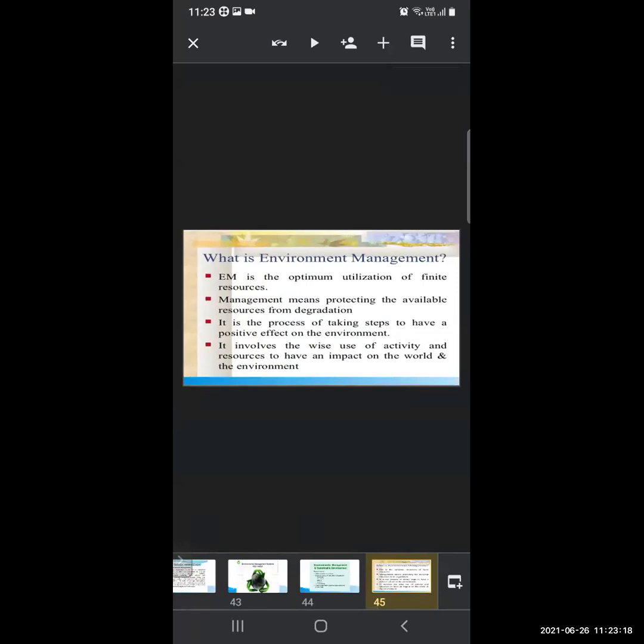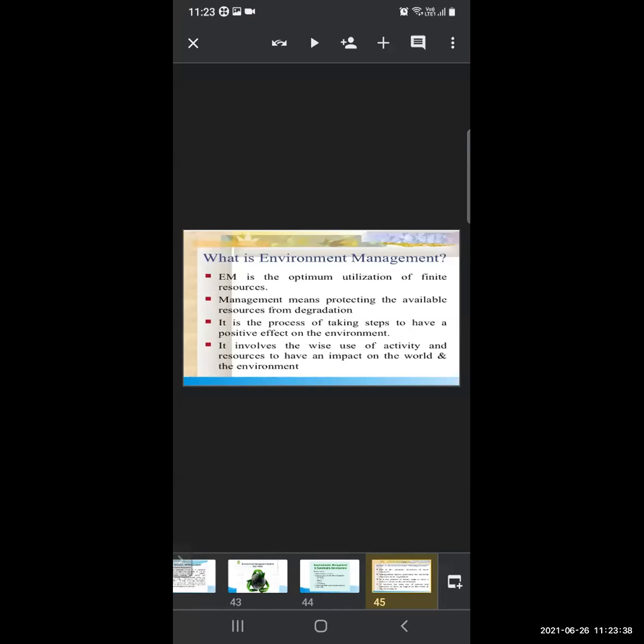What is environment management? EM, short form of environment management, is the optimum utilization of finite resources. Management means protecting the available resources from degradation. It is the process of taking steps to have a positive effect on the environment.